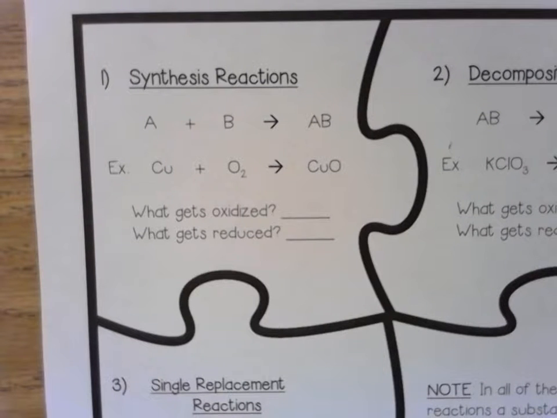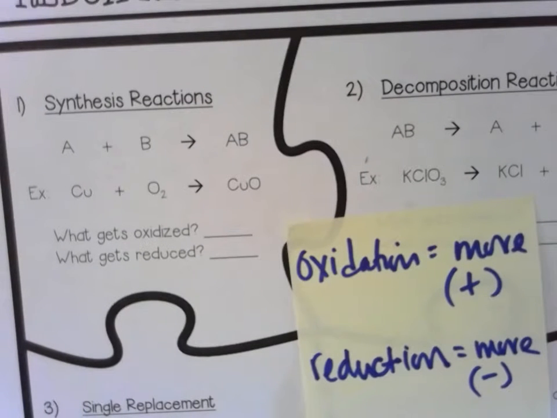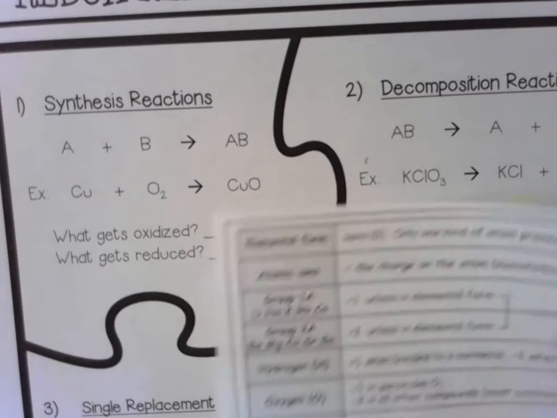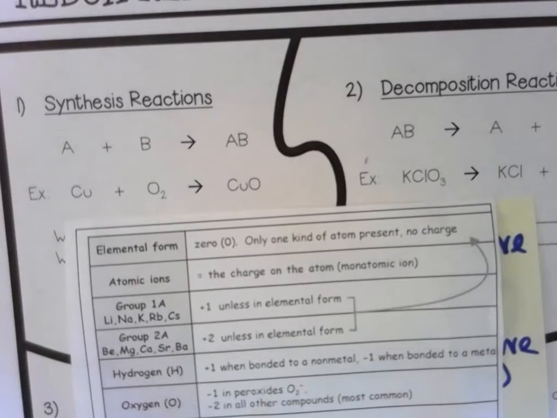Reduction is more negative. Okay. I'm going to have this off to the side. Right there is good. All right, we're going to use this little piece of paper to figure this stuff out. And copper here is in its elemental form, therefore it gets an oxidation number of 0.